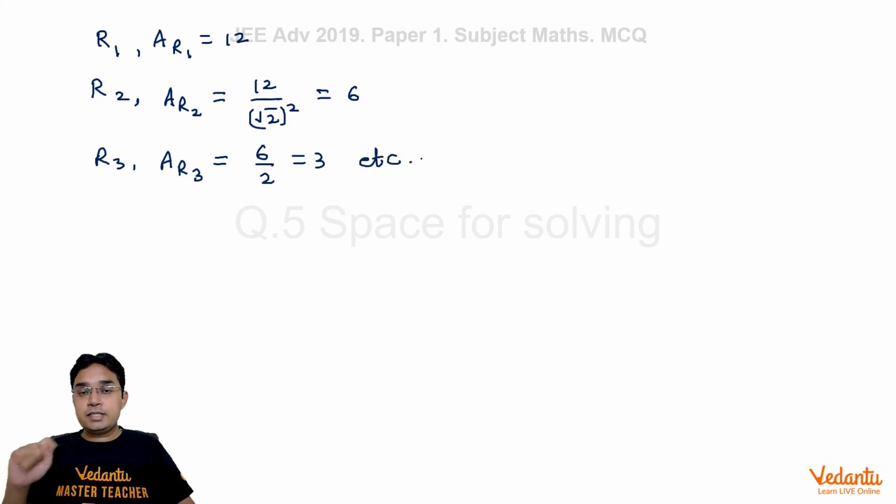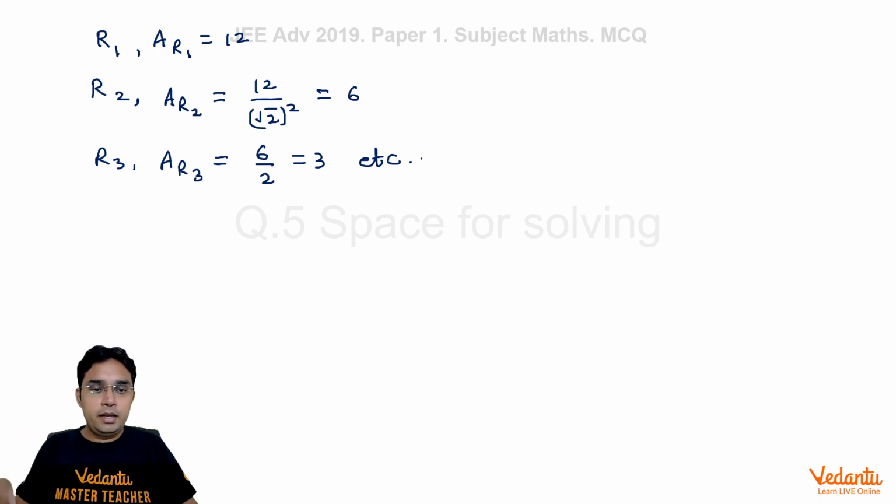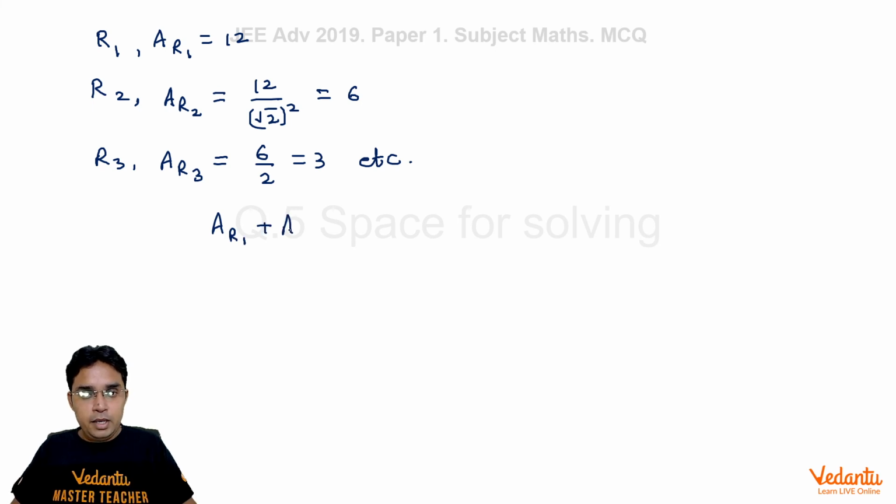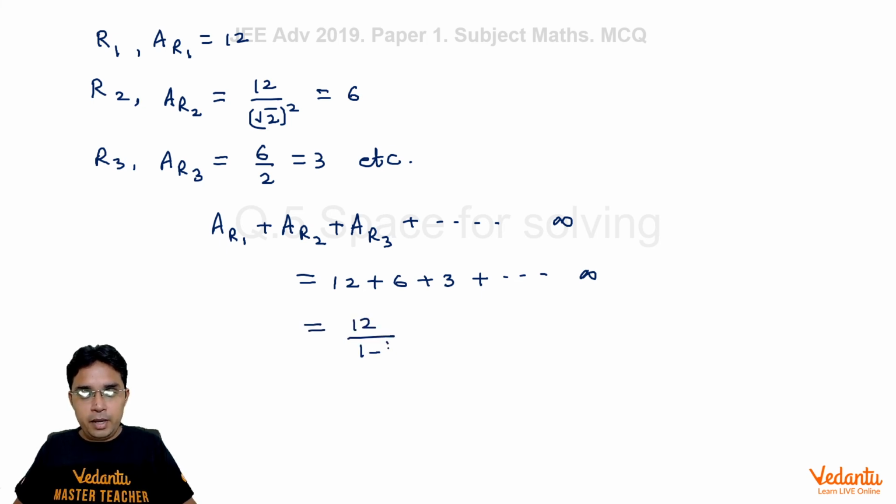Now they are asking the sum of areas of rectangles as n varies from 1 to capital N. Let me first find the sum of all rectangles as n goes to infinity: AR1, AR2, AR3, and so on up to infinity. This is a simple GP with common ratio 1 upon 2 and first term 12. So the sum would be 12 upon 1 minus 1 upon 2, which comes out to be 24.